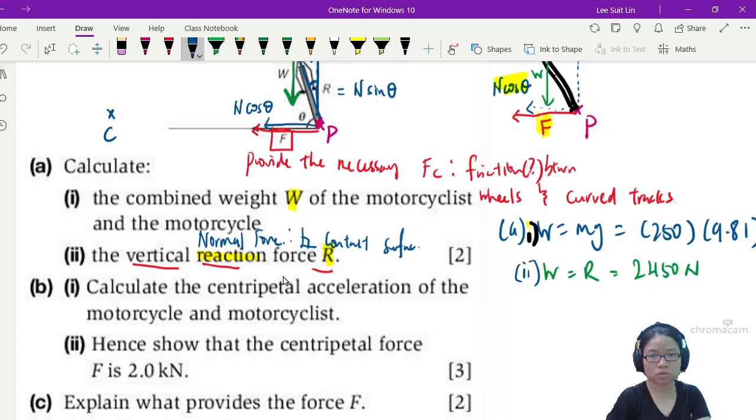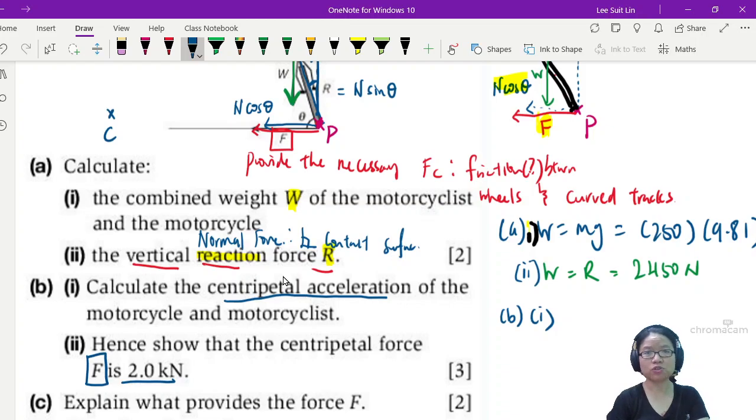All right, so let's look at B. Calculate the centripetal acceleration of the motorcycle and the motorcyclist and show that the centripetal force F. So F is not friction. Sometimes with this kind of question it is very important to read carefully, because I've been doing so many questions that sometimes I make my own assumptions.